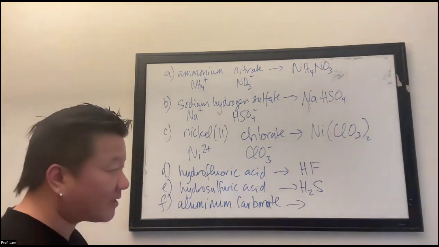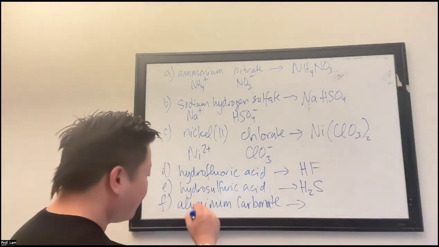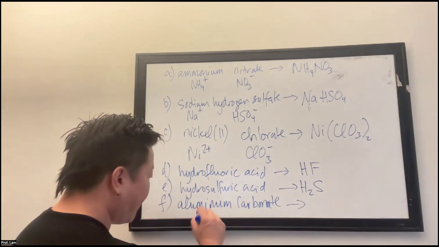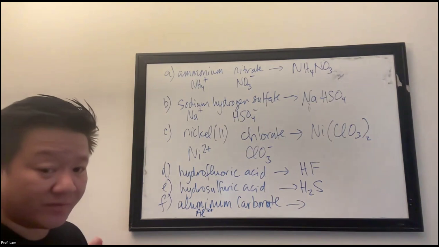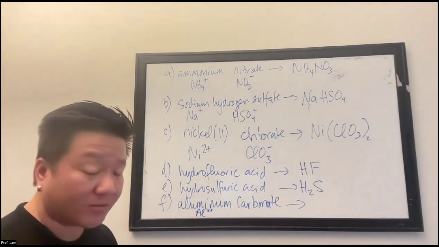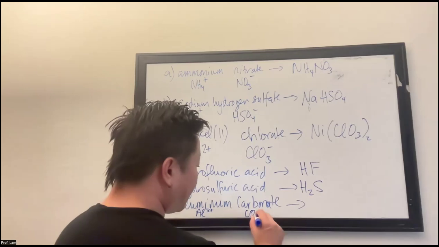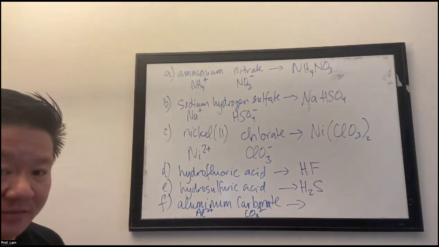Okay, if it's ionic, then I've got to make sure I know the charges, right? This is going to be Al, and we need to know Al is 3 plus. It's in group 3A as well. So that's easy to see that aluminum is 3 plus, right? Carbonate, it's on your polyatomic chart as CO3 2 minus. Okay.